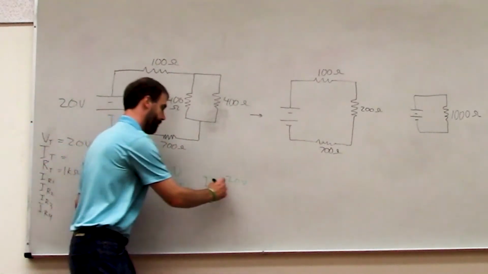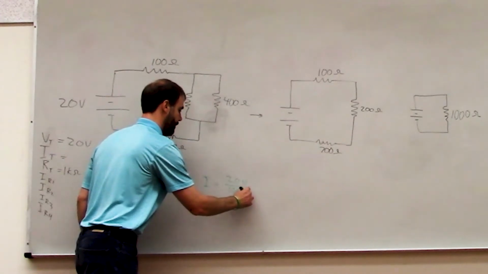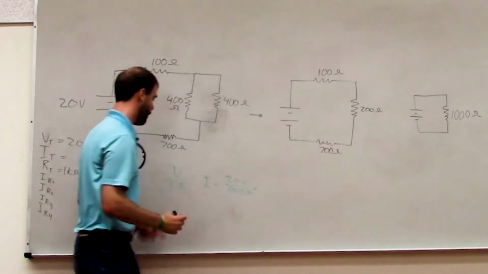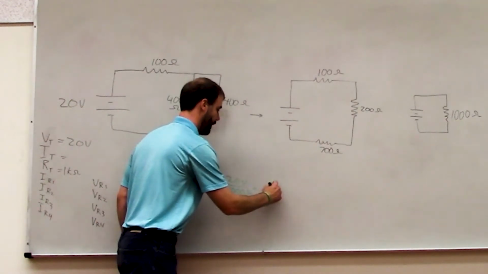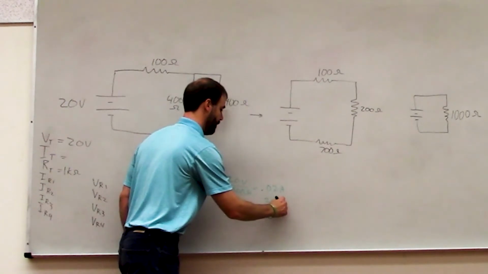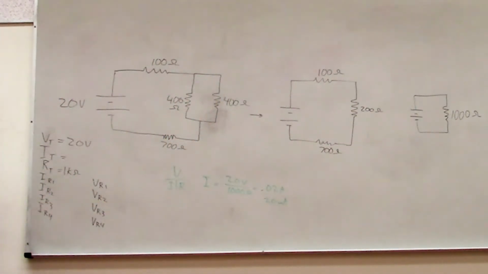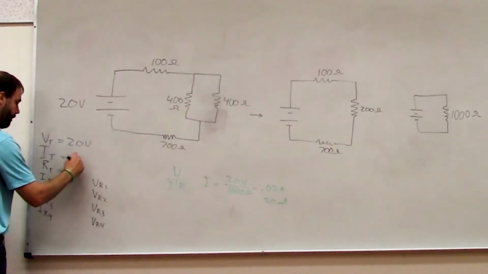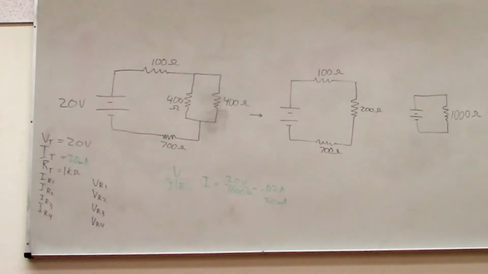So that's 1,000 ohms. So our total current comes out to be 0.02 amps or 20 milliamps. Okay? So we can write that over here. Any questions about how we got that?